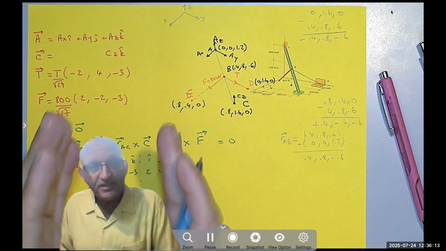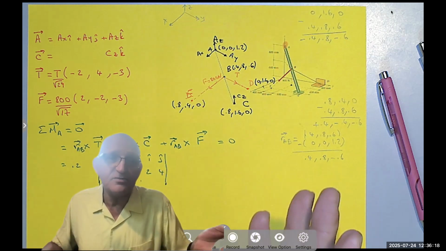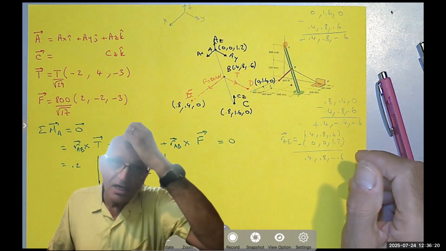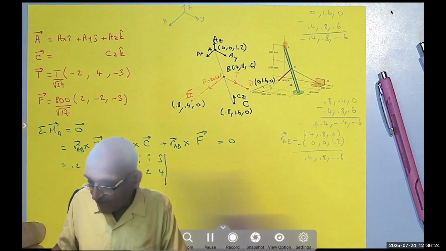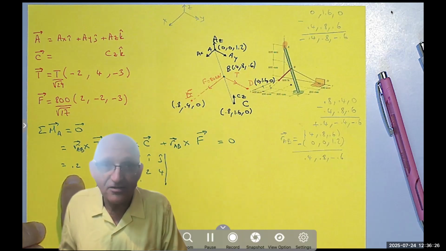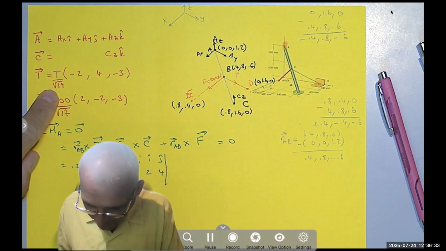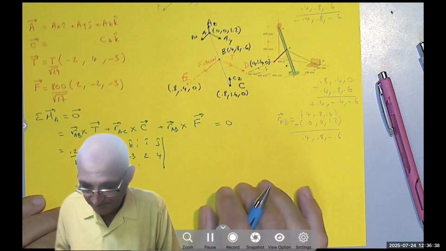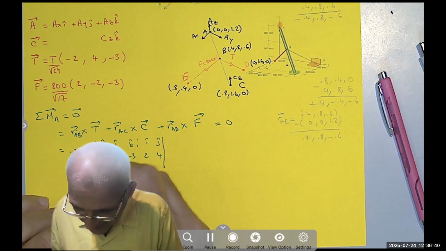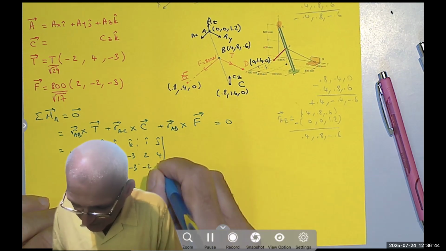I want the quantities inside the determinant to be as simple as possible, so I can use integer values. But what I factored out stays. I cannot delete it. Okay? Cross T, what is T? T is T over root 29. I can leave these on the outside and enter negative 2, 4, negative 3, negative 2, 4.